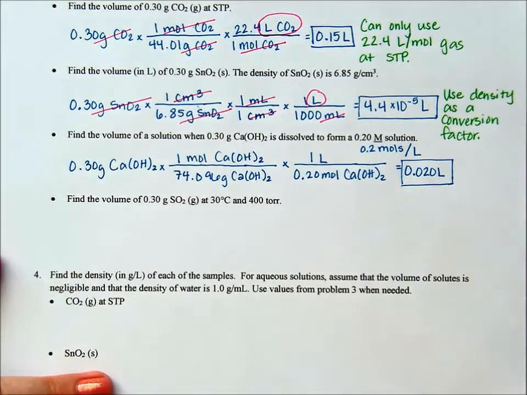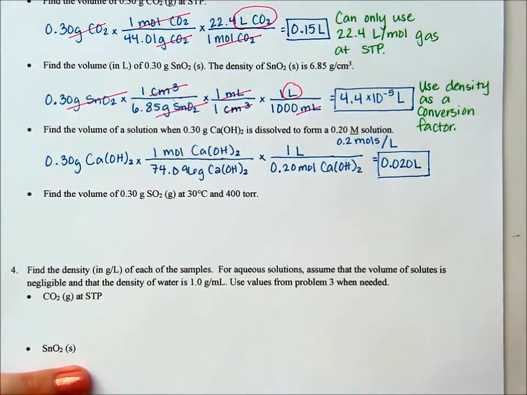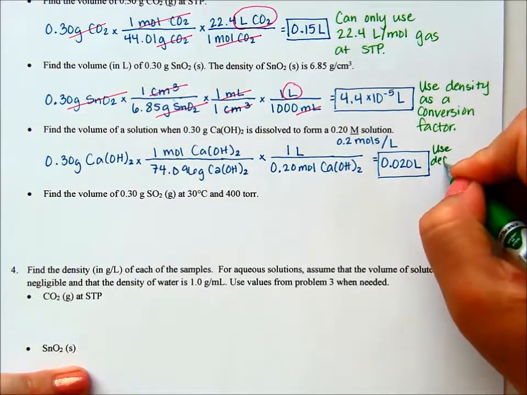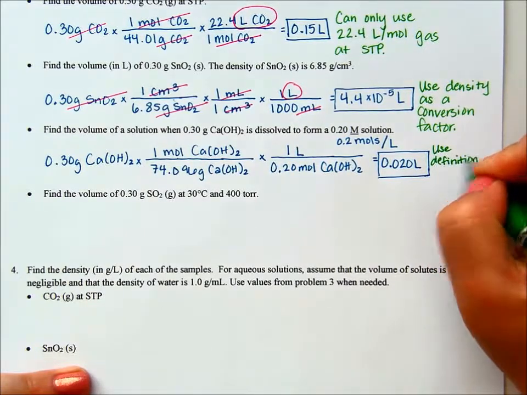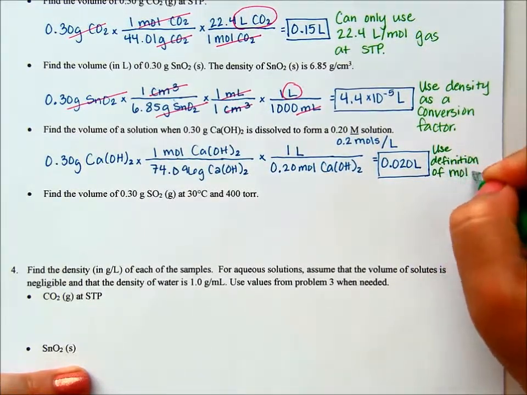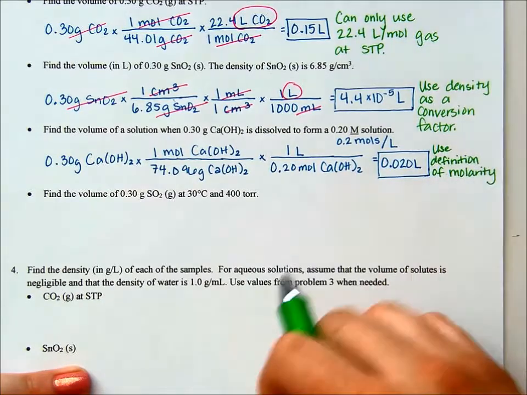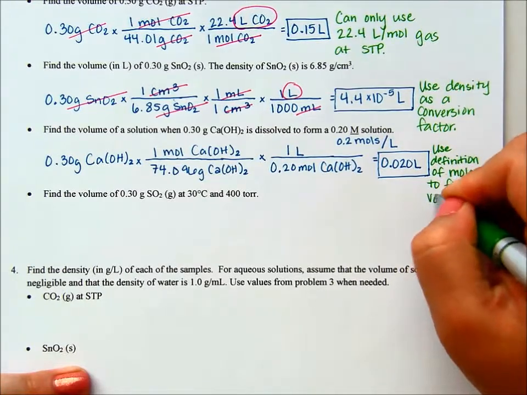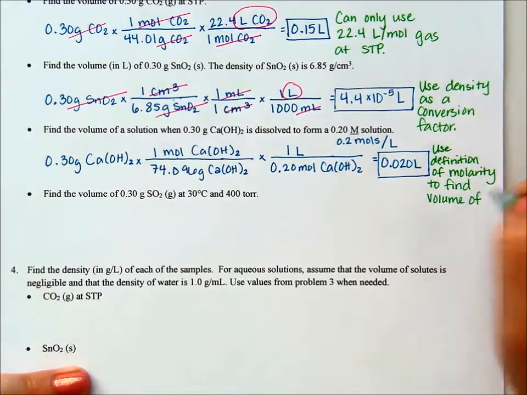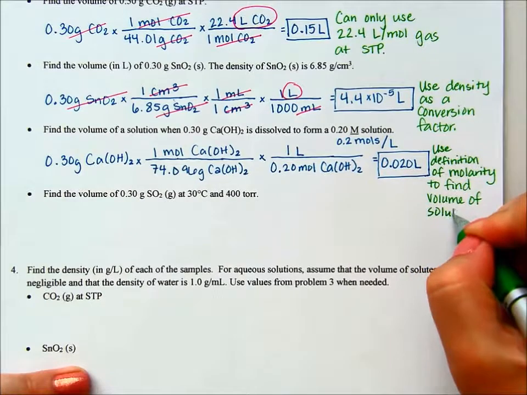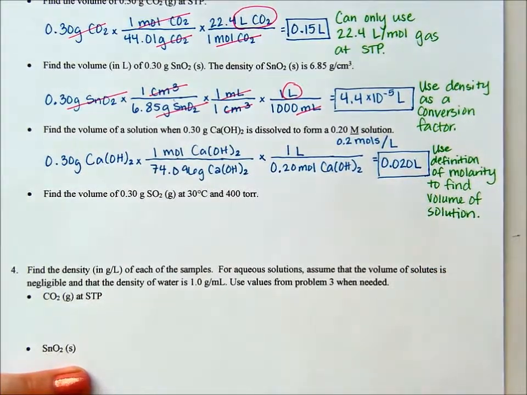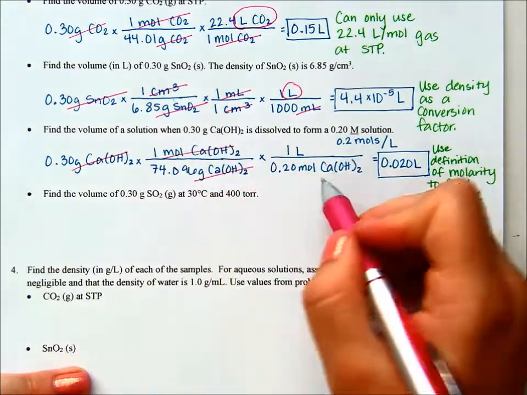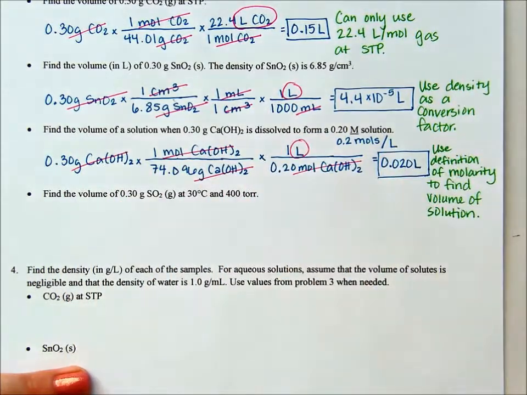So in this case, my conversion factor was that I used the definition of molarity to find volume of solution. I'm going back really quickly, showing you the cancellations. Grams canceled there, moles canceled there, and it left us in liters.